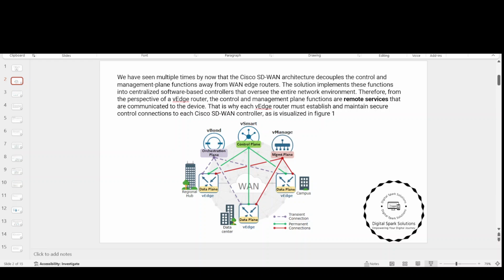Figure 7 summarizes all control plane connections that a vEdge router establishes. One transient DTLS control connection to the vBond orchestrator over each connected WAN transport only during the onboarding process. One persistent DTLS control connection to vManage over a single WAN transport.